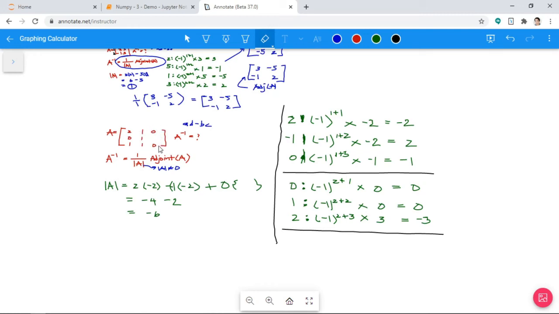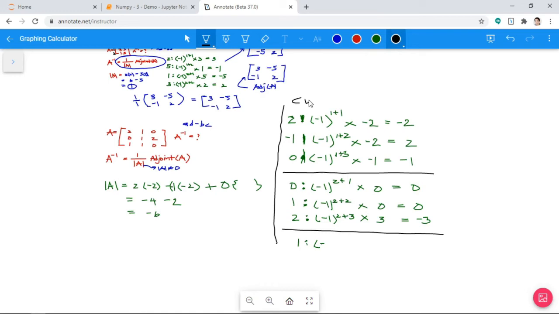column. Okay, so I've erased this one, so let me just bring it back. So that's 2. Okay, so we have 1. So this one, we have 1. So what will be the cofactor of 1? Okay, so I write this one.